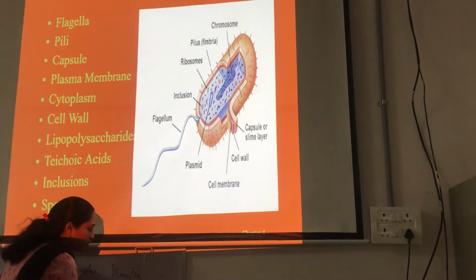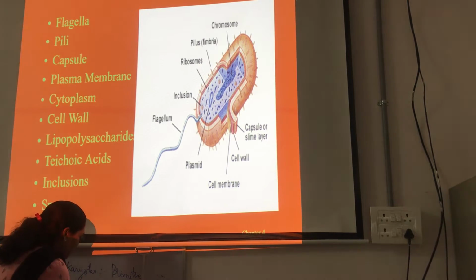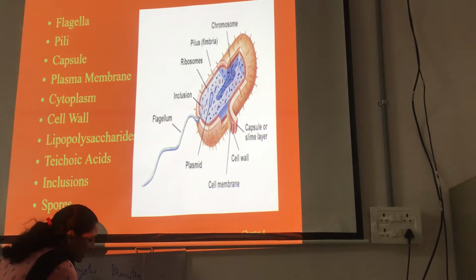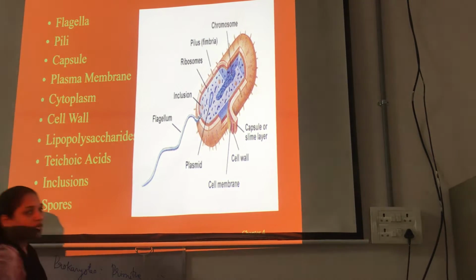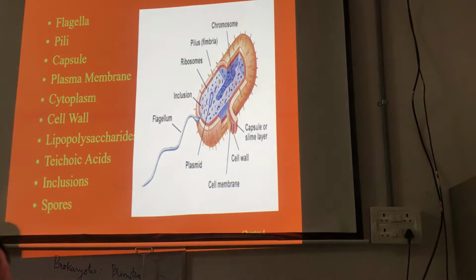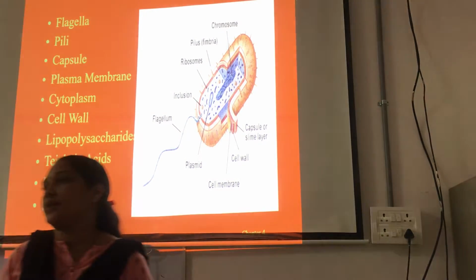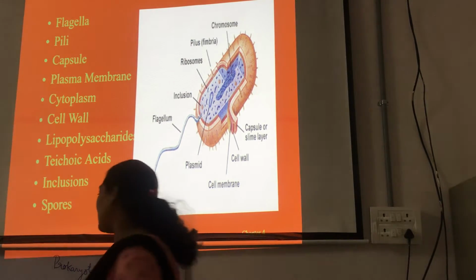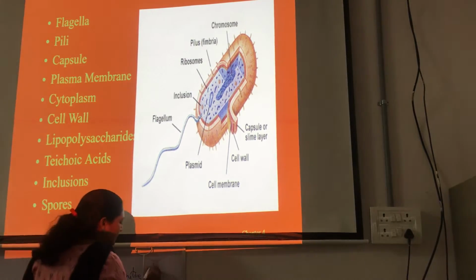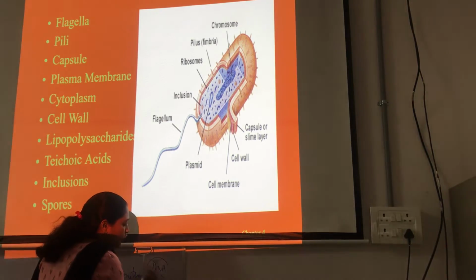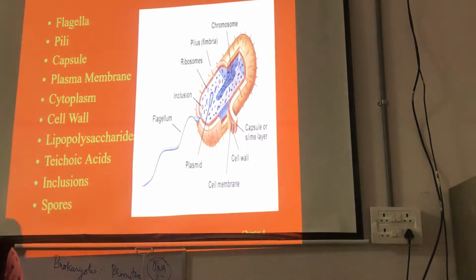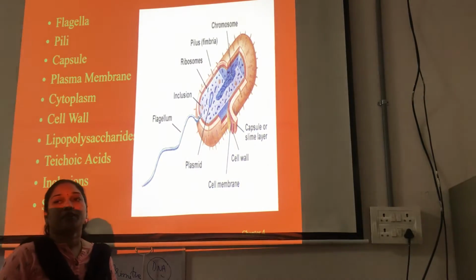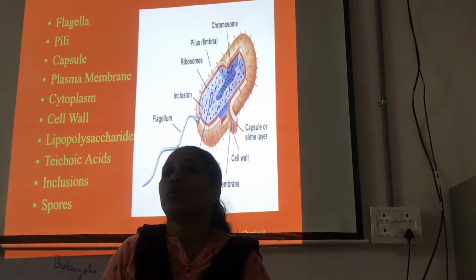Pro means primitive, karyotes means nucleus. To say it clearly, there is no nucleus present. Only the genetic material, that is DNA, is present, diffused in the cytoplasm. It contains only the cytoplasm, it doesn't contain any nucleus.